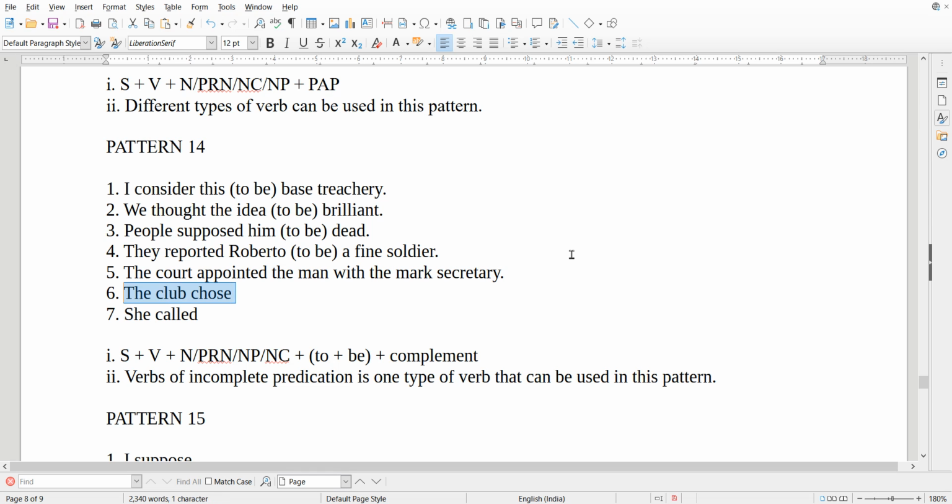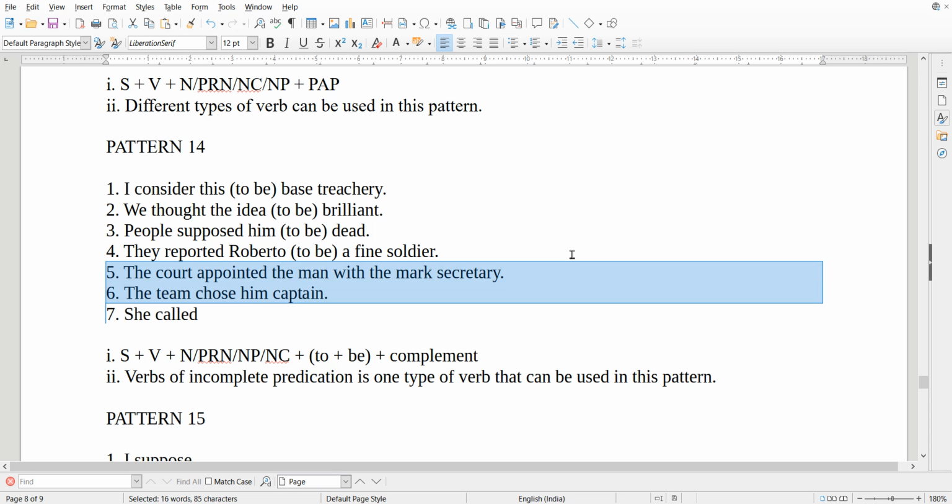The team chose him captain. Generally, I don't think you'll write to be here. You'll use to be in these two sentences, but generally you won't find to be used in these two forms with these particular kinds of verbs.